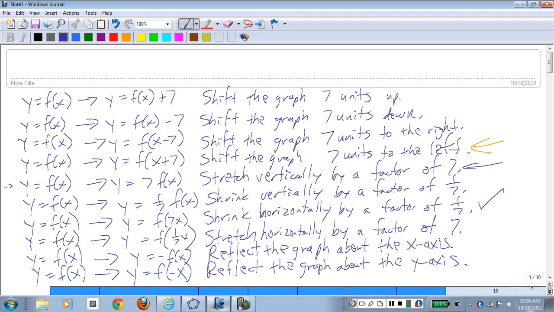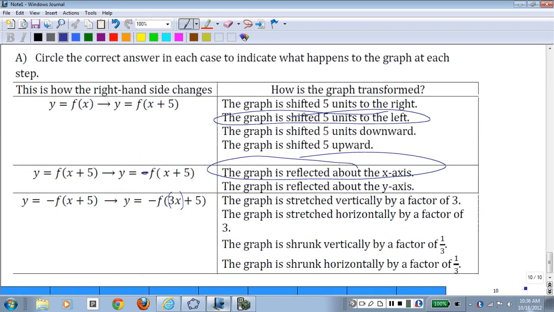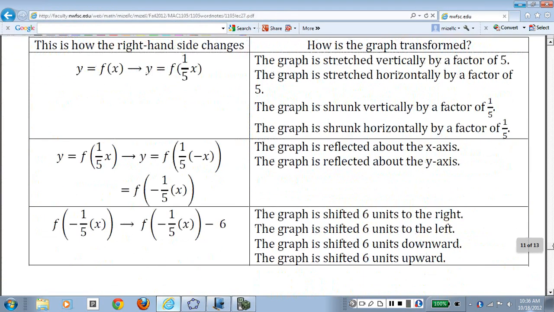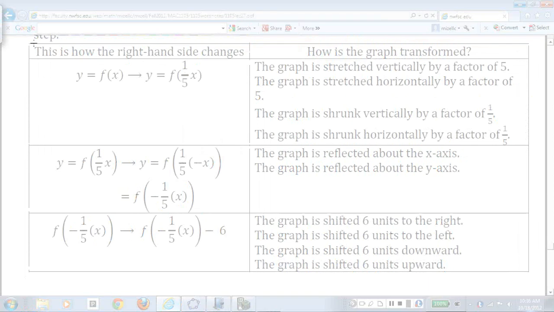So if we substitute 3x for x, we're going to shrink the graph horizontally by a factor of 1/3. Shrinks it, compresses it like that. Probably B part. There's a B part.